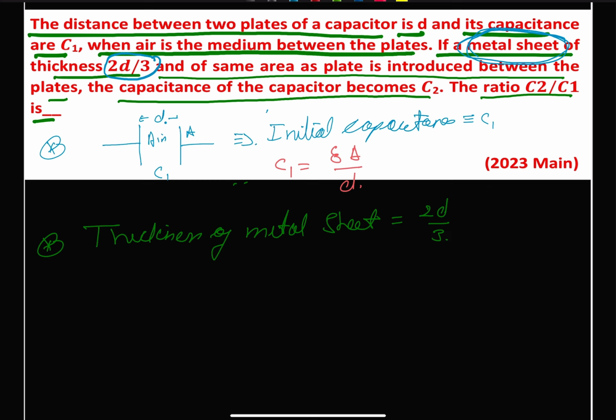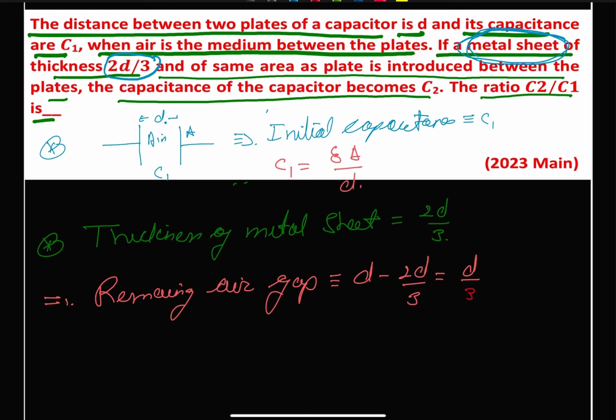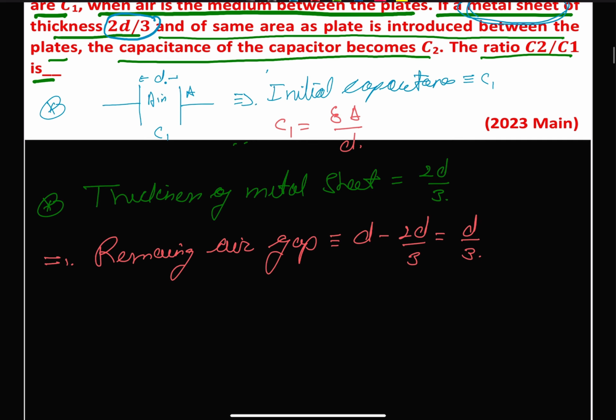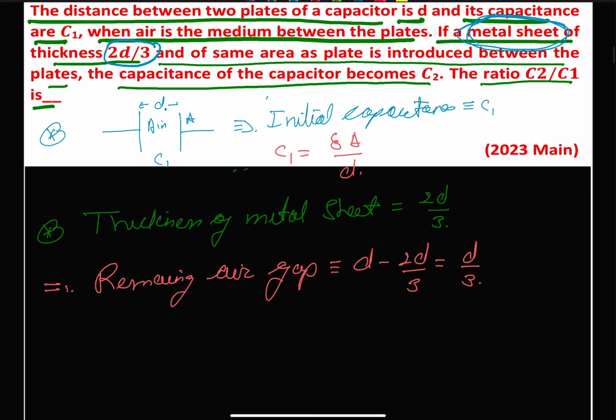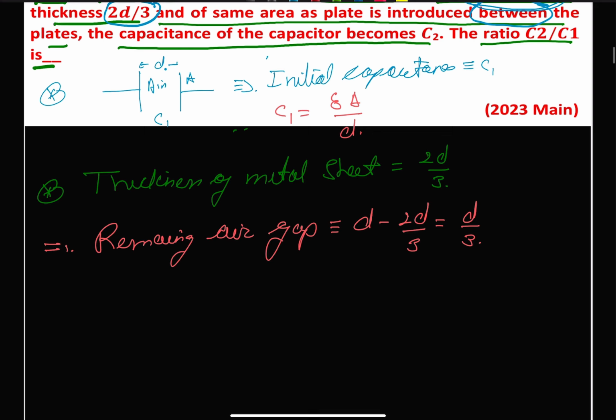So from here we can calculate the remaining air gap, which will be equal to d minus 2d by 3, which comes as d by 3. It is introduced in between the plates, so we can presume that the sheet will be placed symmetrically.